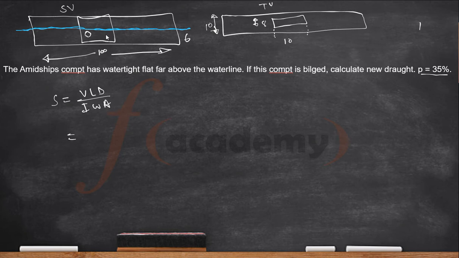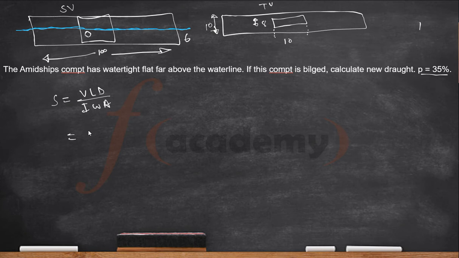Because this compartment has cargo inside, and the cargo has a permeability of 35%, what we're doing here is slightly different from what we've been doing lately. Now we are bilging a compartment with something in it, not just an empty compartment, meaning we can't have 100% of the volume filled with water, but only 35% can come in.